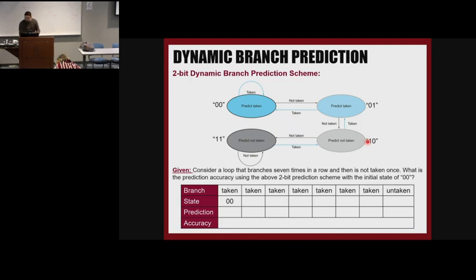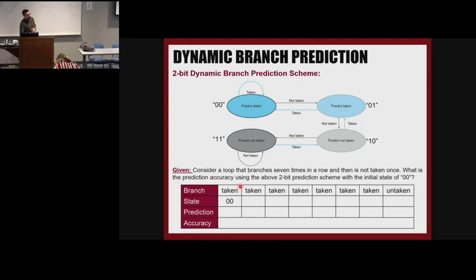At state 1, 0, we still make the decision that the branch should not be taken. If we are incorrect again, it means that the branch should have been taken. We go to the next state. So if you look at the arrows here, these guys are showing the actual branch behavior. Inside this oval, we can see what we actually do.